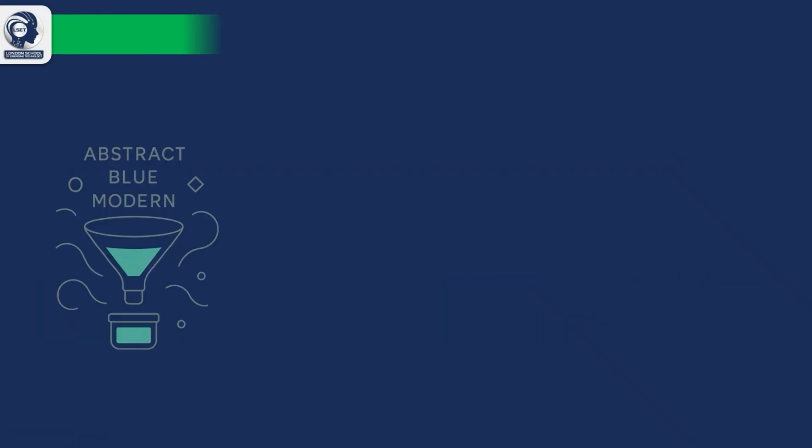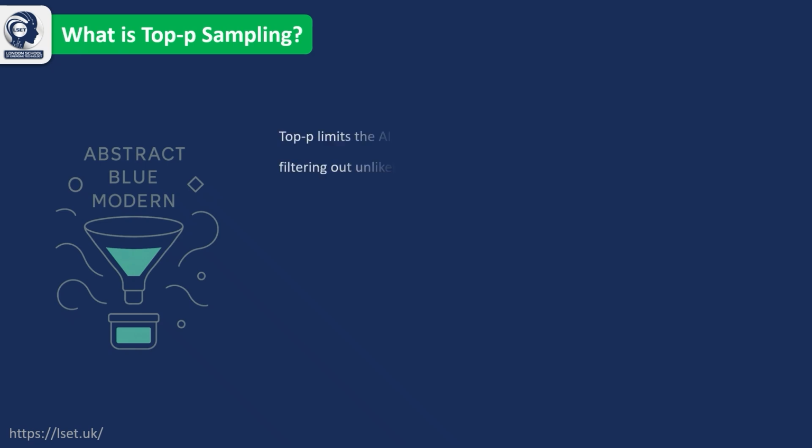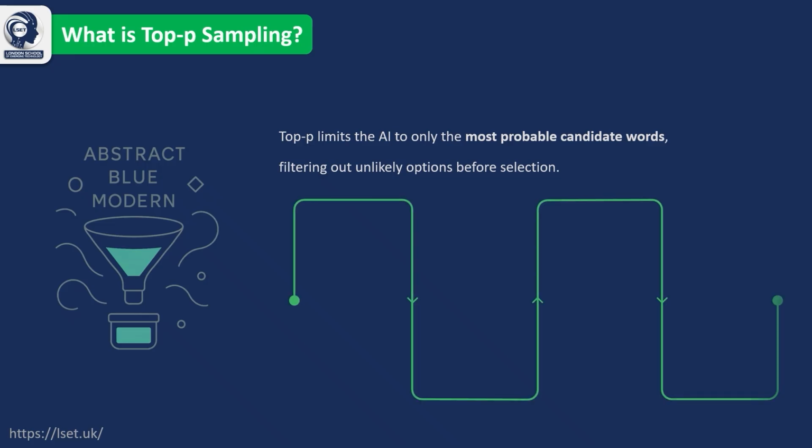Now let's explore another important sampling parameter called top P sampling. While temperature controls creativity, top P controls which words the AI is allowed to choose from. When generating a response, the AI first creates a large list of possible next words, each with a probability score. Top P filters this list by keeping only the most probable candidates and removing the less likely ones.